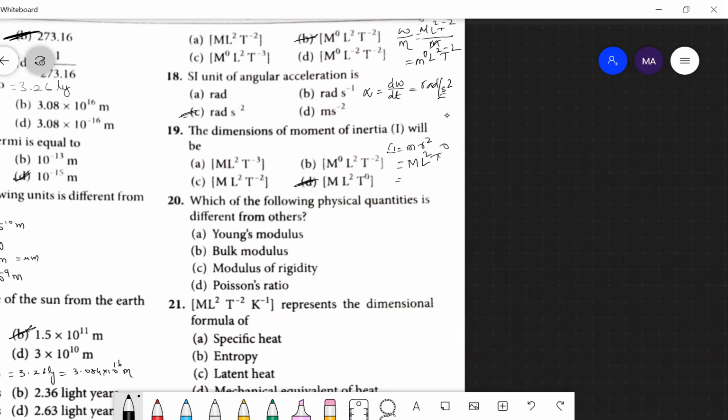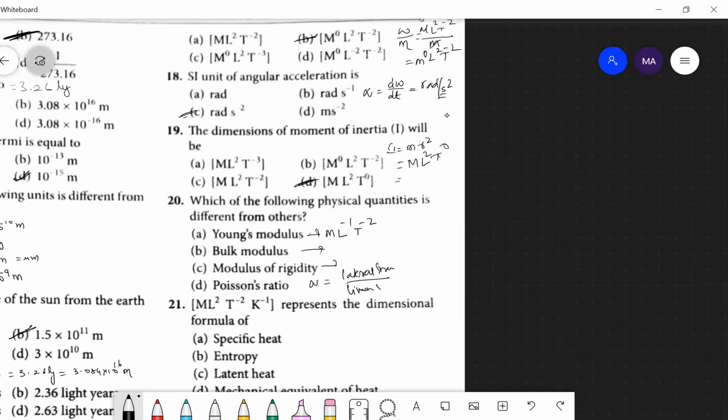Which of the following physical quantities is different from the others? Young's modulus, bulk modulus, modulus of rigidity, Poisson's ratio. See, A, B, and C have the dimensions of M L power minus 1 T power minus 2. But Poisson's ratio does not have any unit because, you know the formula, it is lateral strain divided by linear strain.